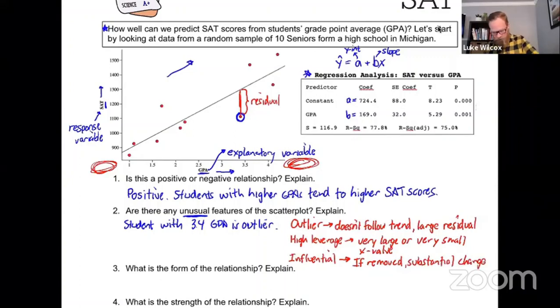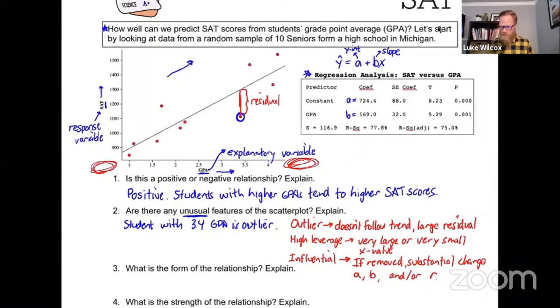It could have a big change on the y-intercept A. It could have a big change on the slope B and or the correlation value R. So if removing that one point had a big impact on one of those, we would say that point is influential. And oftentimes an outlier or a high leverage point is also considered an influential point.